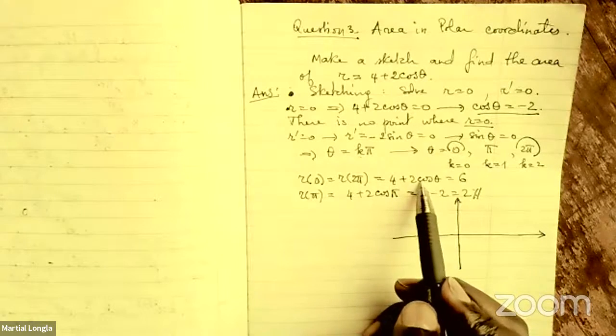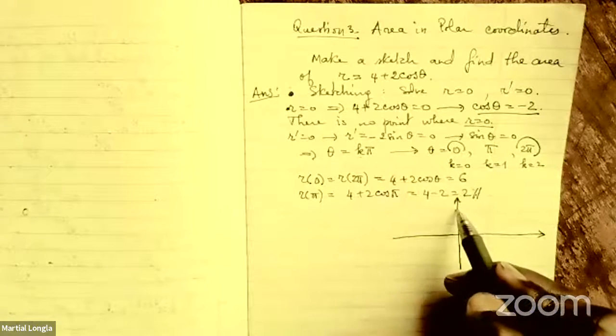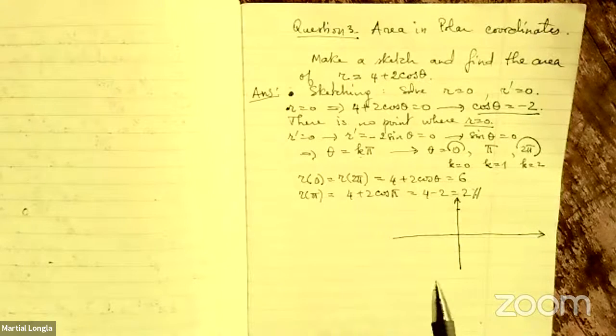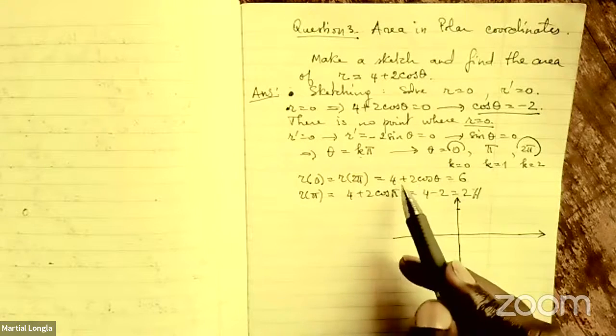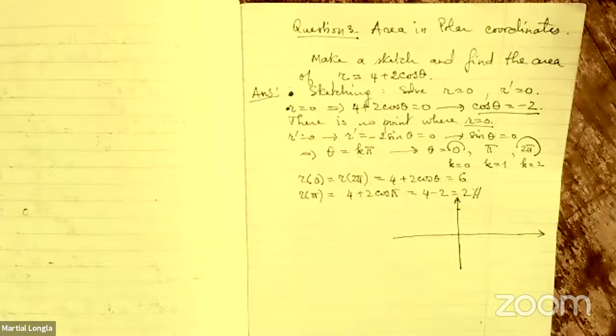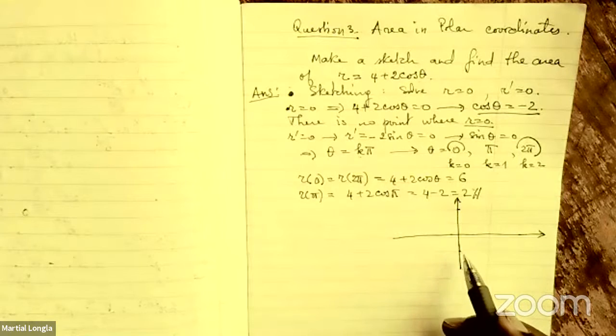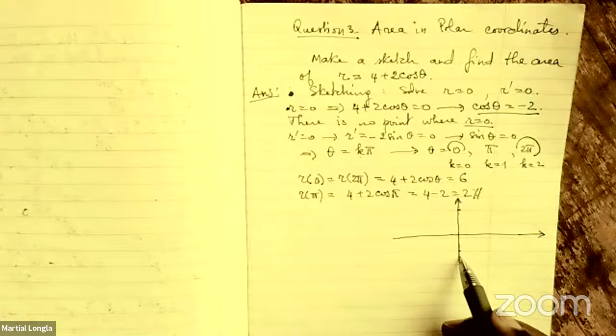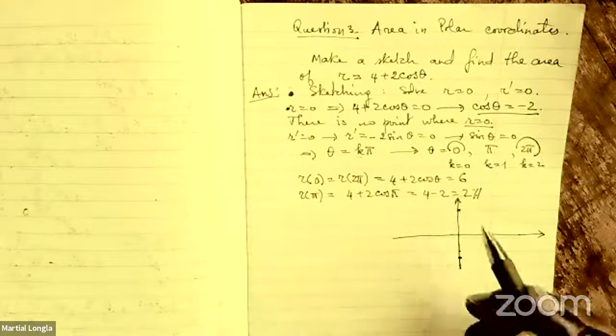If I plug in pi over 2, I get 4, so it's going to be in that direction. If I plug in 3 pi over 2, I'm going to get 4 as well. So they go through the same length at pi over 2.